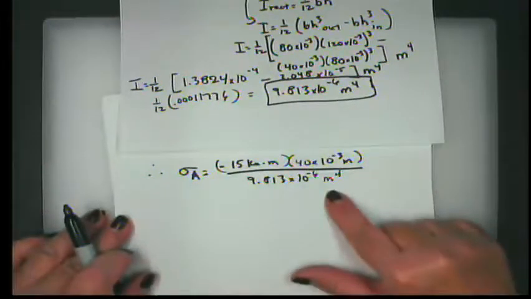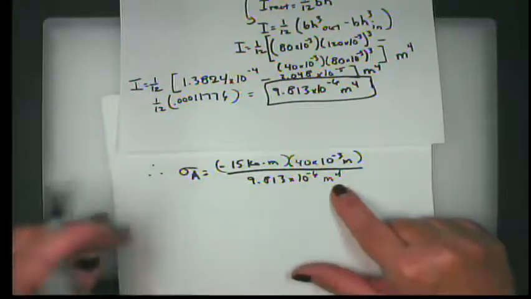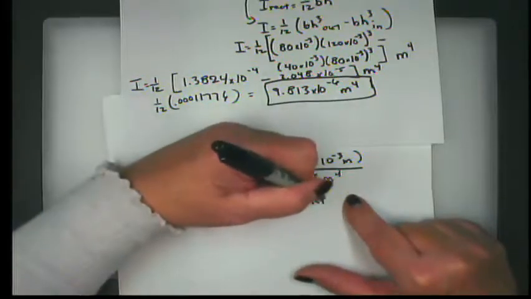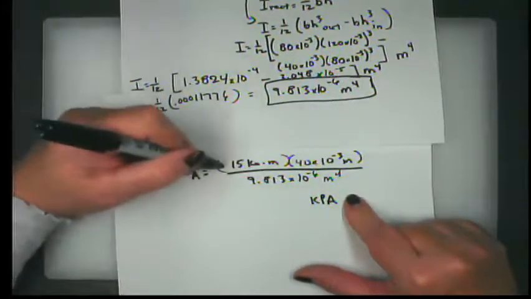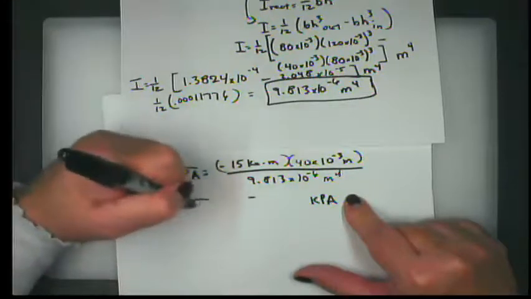Once again, checking my units, I have kilonewtons per meter squared, which is kPa, and this is a negative, which we'll talk about in just a second.